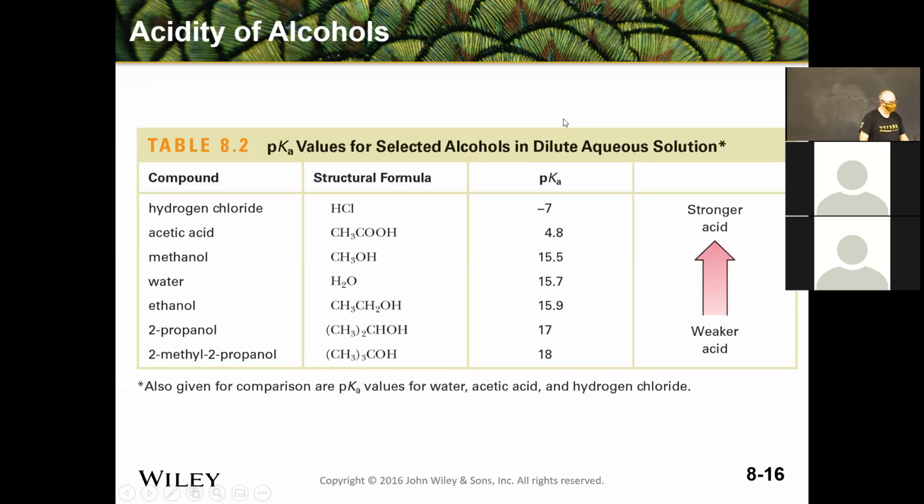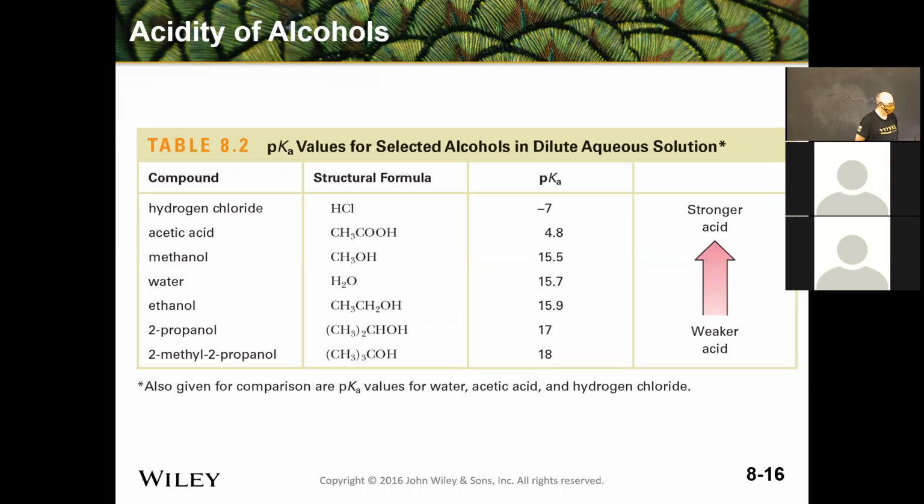Here's a chart of some pKa values. HCl, of course, is a strong acid. It's put there just for comparison. Its pKa is -7. Each pKa unit is a power of 10.